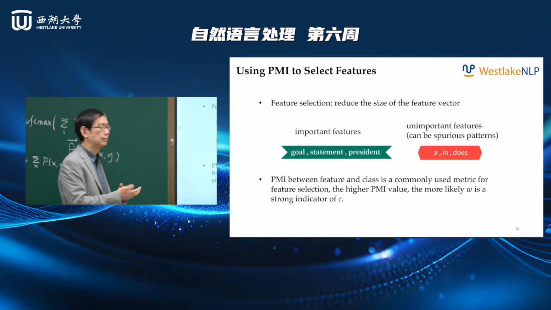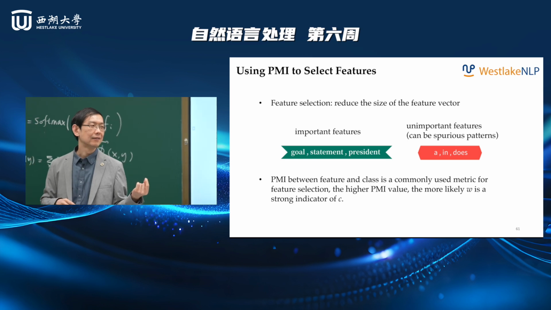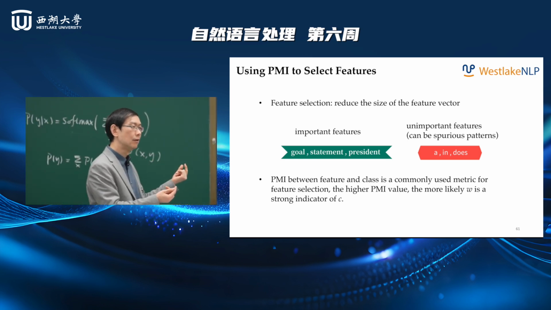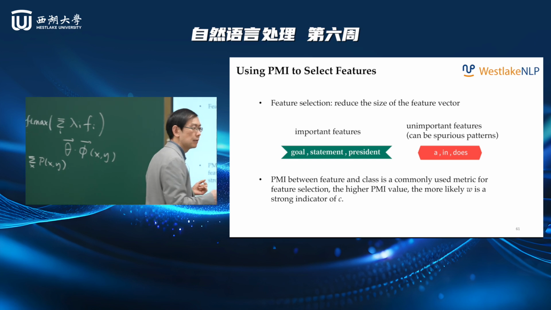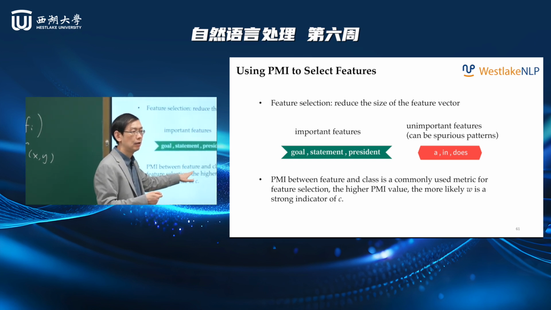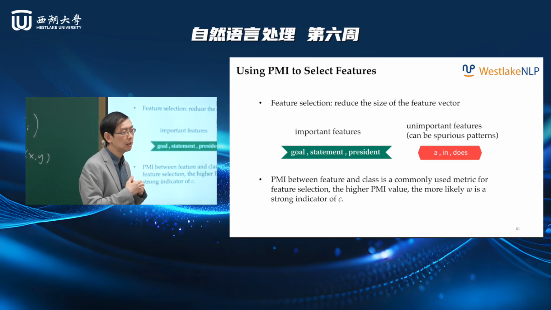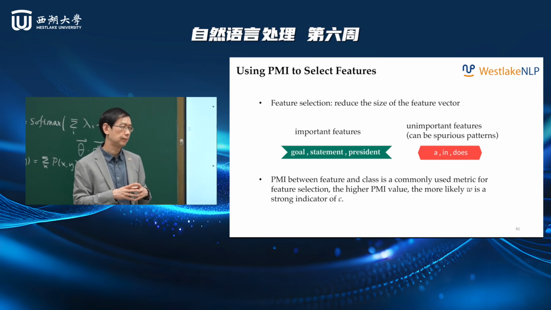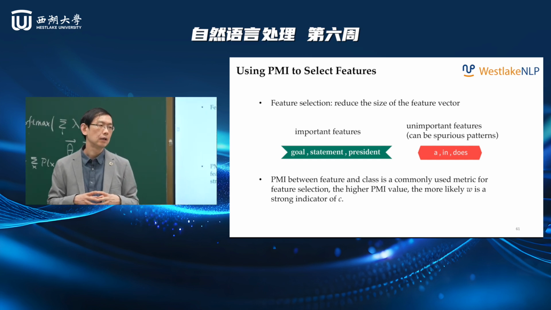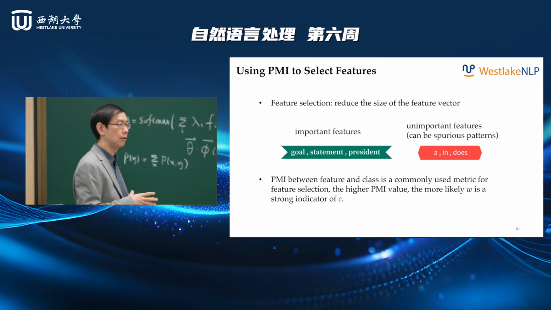But the stop words are also in it: "in" for sport, "in" for technology, "in" for politics, "in" for finance. But this doesn't make sense. Maybe in your data "in" co-occurs more in sport news, but it doesn't mean that "in" and sport is an indicative feature. It's called a spurious feature. It's just noise. If you rely on that feature, your model cannot generalize very well and can overfit your training data.